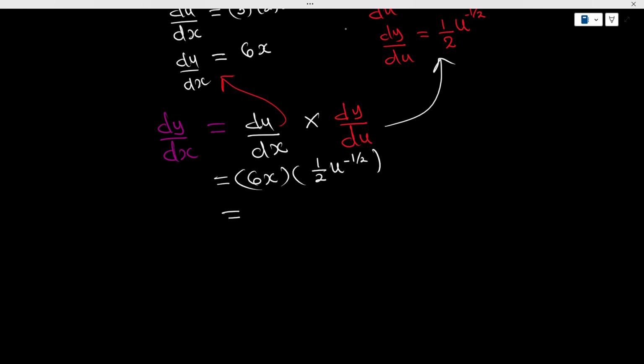Go ahead and simplify this further. 6 times 1/2 is 3, so 3x, then u raised to negative 1/2.